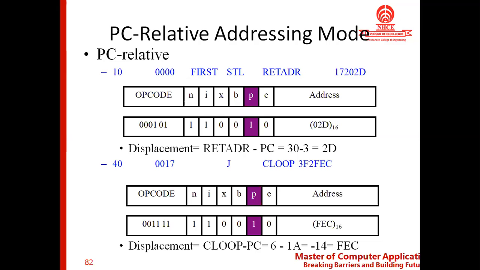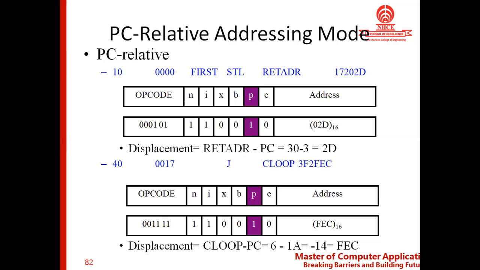So these both instructions are the same. Both are following PC relative. The only difference is that when the displacement is derived, the displacement can have a negative value also. So when there is a negative sign in the displacement, then it has to be represented in 2's complement format.